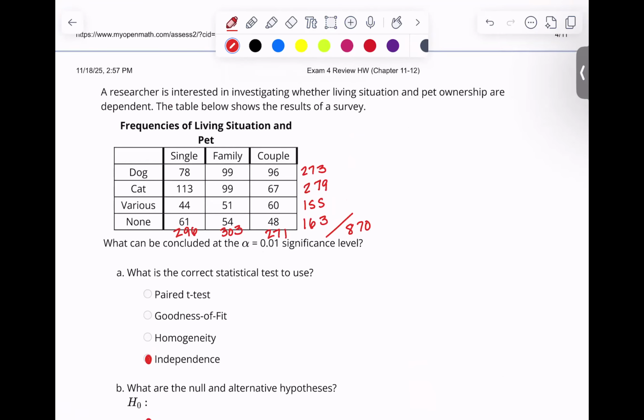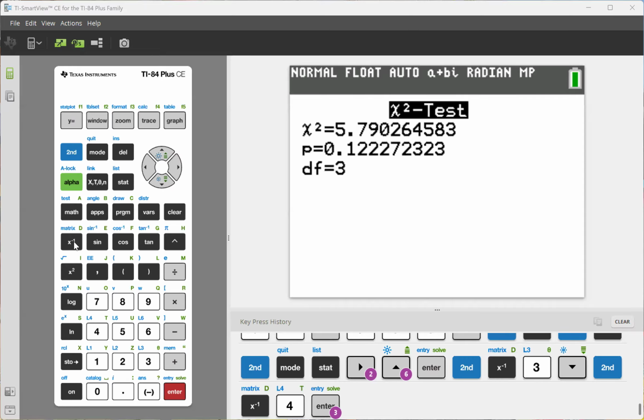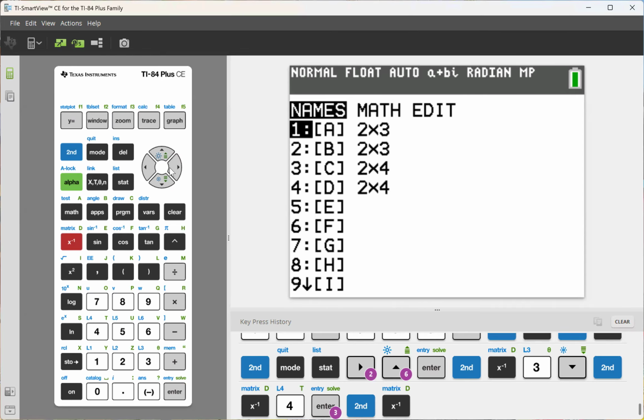I'm going to put the observed, this table, in E. And I'm going to put what we calculate for the expected in F, because I don't really want to delete a matrix until I'm done. All right, so go to our matrix menu, and I'm going to edit 5.